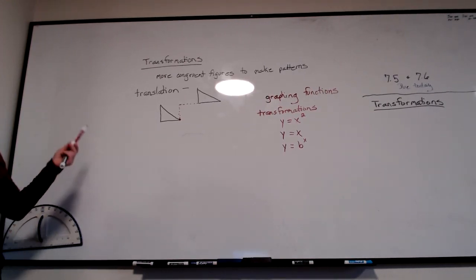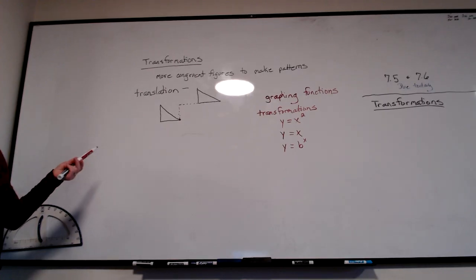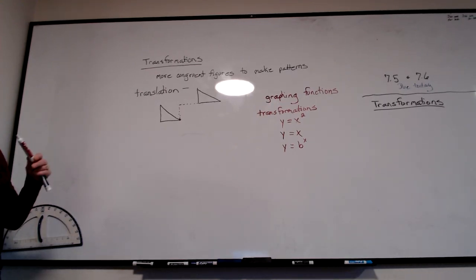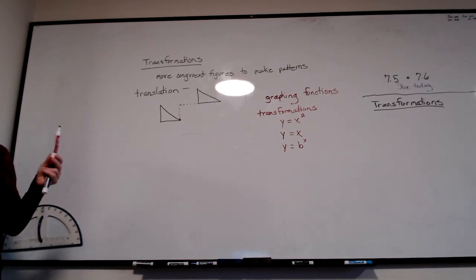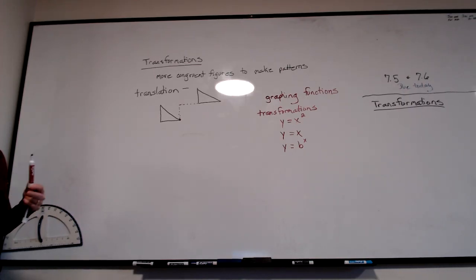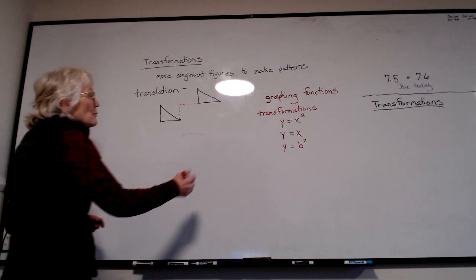Okay, so a translation is just moving. They don't change the rotation or the setting. You just move it either up, down, left, right, all those. That's a translation. You're translating it somewhere else. It's identical, except for where it's on the paper. Okay. So we'll tie it in.